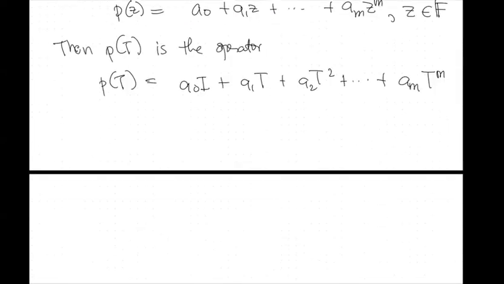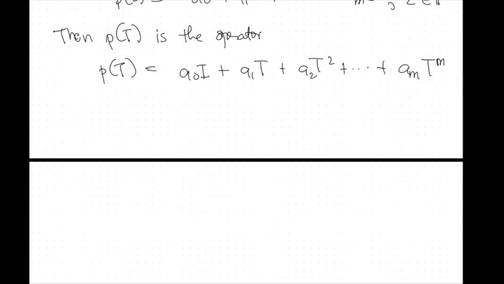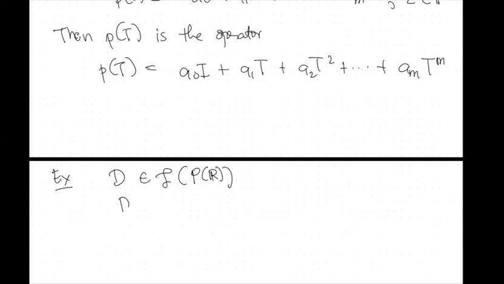Let us consider an example. This D here is a linear operator on the polynomials with coefficients in R, and D is defined as follows: D of q is q prime, and our p is given by 7 minus 3x plus 5x squared.